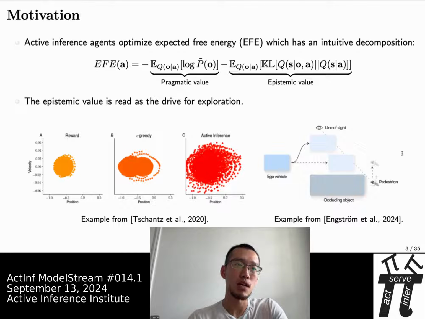On the right-hand side, we have an example from one of my papers. I did a lot of study on modeling human driving behavior, and this is one example where we have a car, called the ego vehicle, driving down the road. On the side of the road, we have a large truck, which potentially obscures the view of a pedestrian, but we don't actually know whether the pedestrian exists or not.